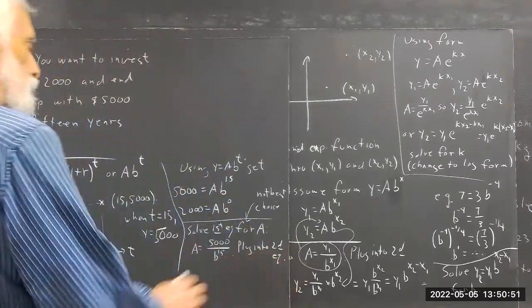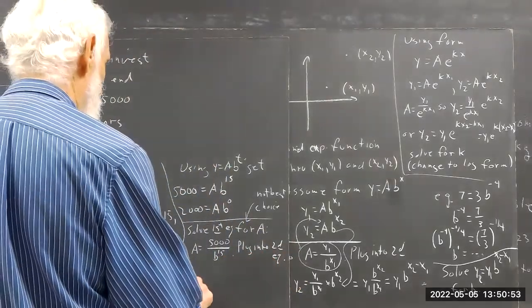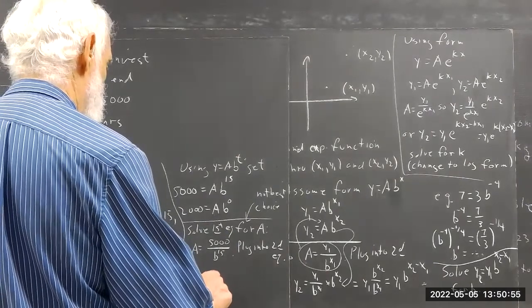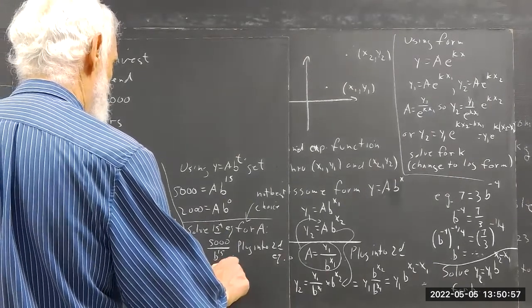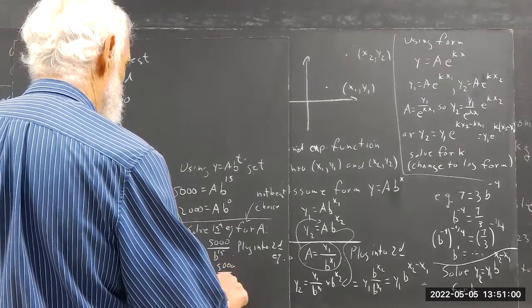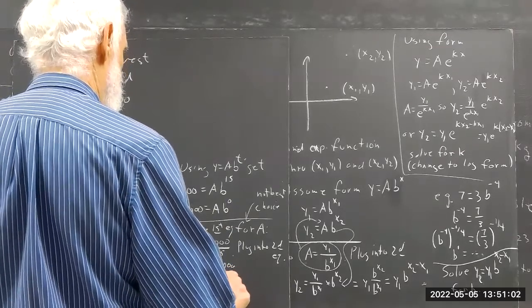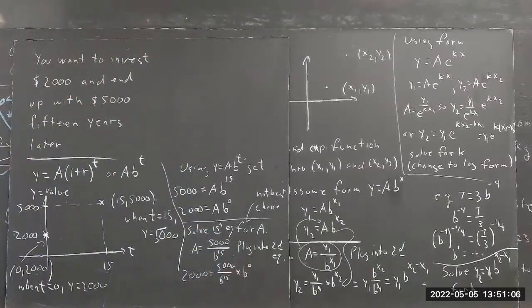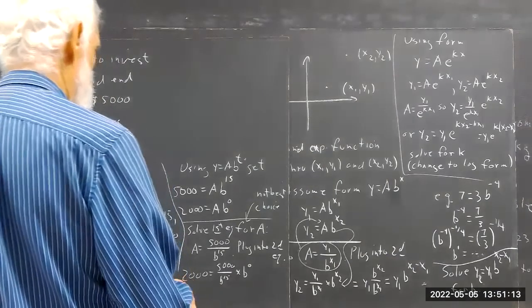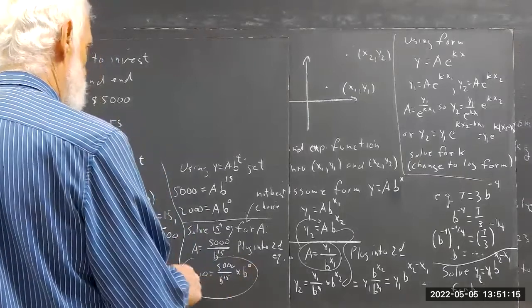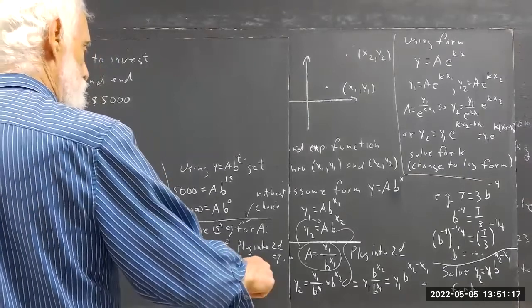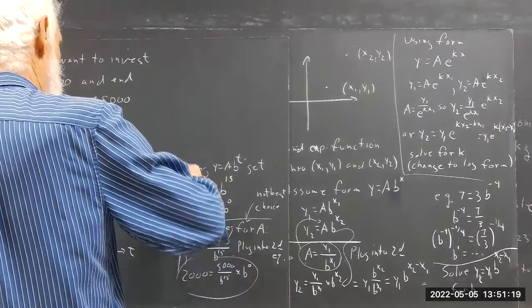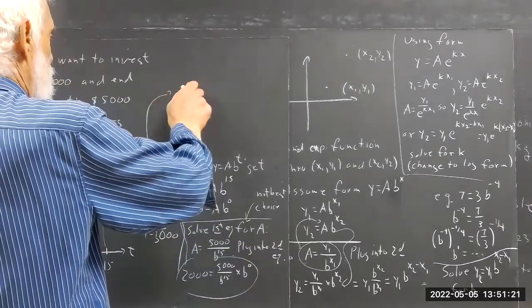We plug that into the second equation and we get 2,000 equals 5,000 over b to the 15th times b to the 0. Give myself more room.